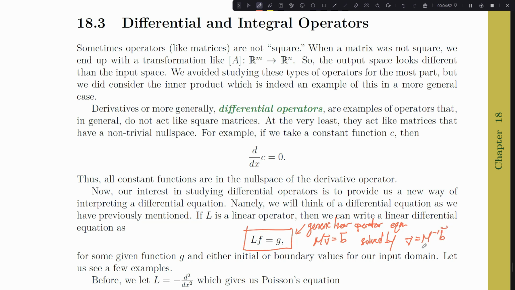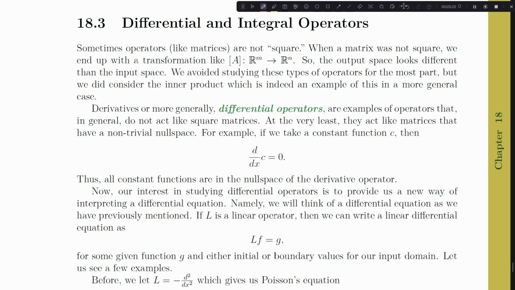We maybe have a question about inversion. What would it mean to compute L inverse g? And this is an important question because in some sense L inverse g, along with this interpretation of v as M inverse b, is the solution to whatever this more operator valued equation would be.